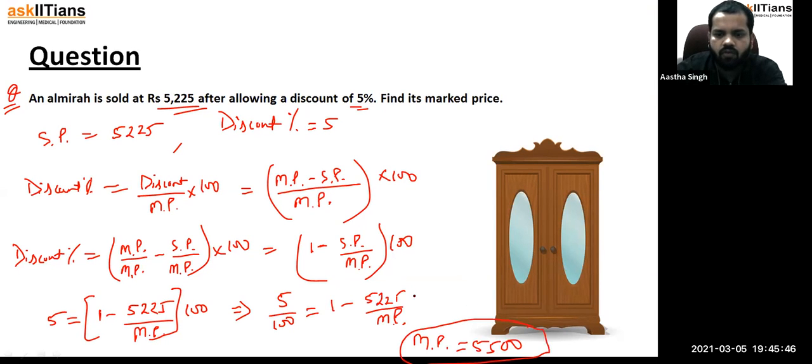Let me show you how to do this calculation. 5 by 100 is 1 by 20, which is equal to 1 minus selling price divided by market price. So 5225 by market price will be equal to 1 minus 1 upon 20. 1 minus 1 upon 20 is 19 upon 20.